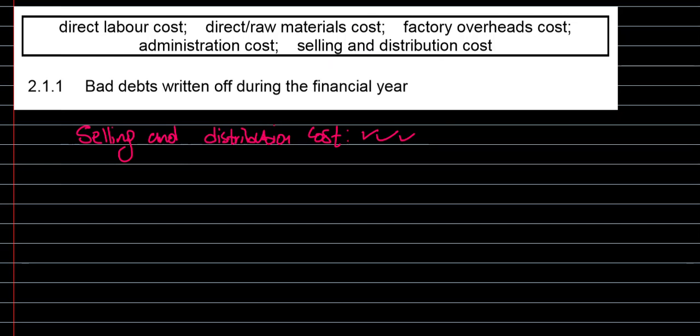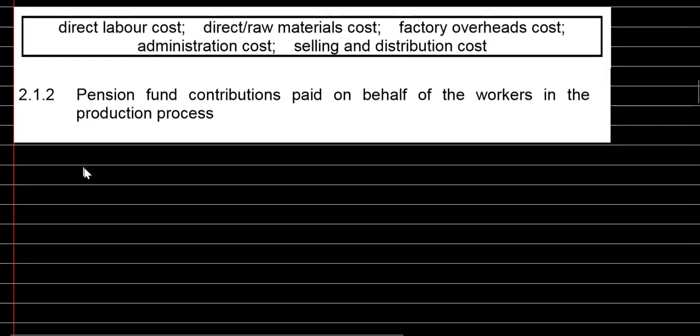Here is the second one. Pension fund contributions paid on behalf of the workers in the production process. Because of the production process, it means that this has something to do with the factory, inside a factory, the production process.